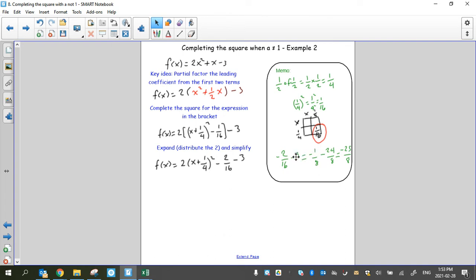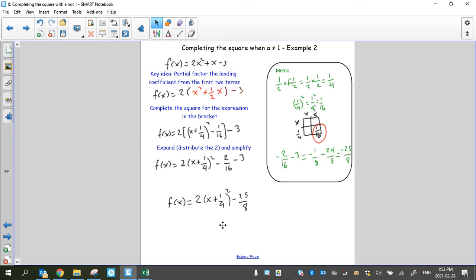I can express 3 with a common denominator of 8, which would be 24/8. So −24/8 minus 1/8 is −25/8. And that is our expression with the square completed.